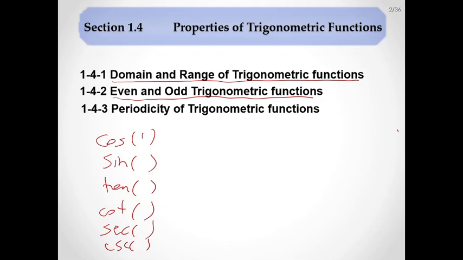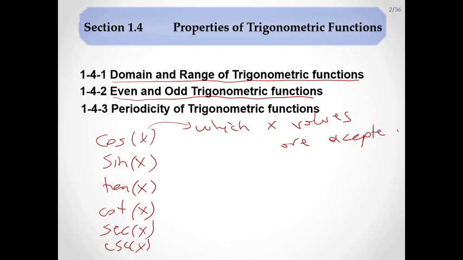Now our angles will be x. Now we will concentrate on which x values are accepted by cosine. And what can we say about the values of cosine x?